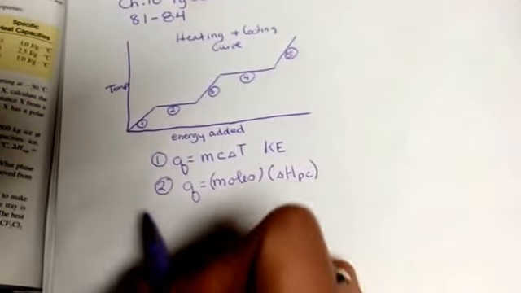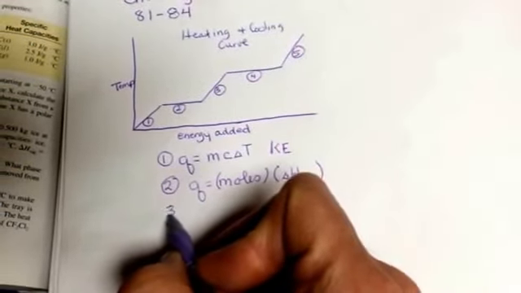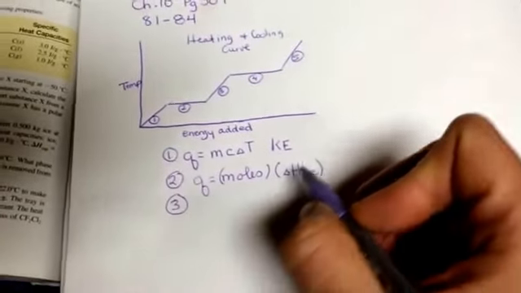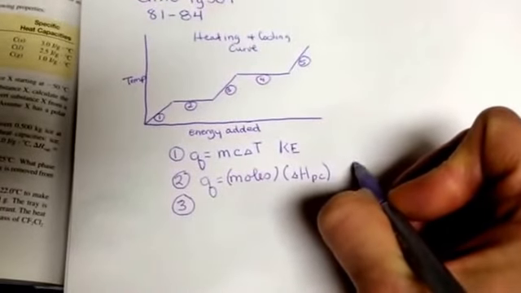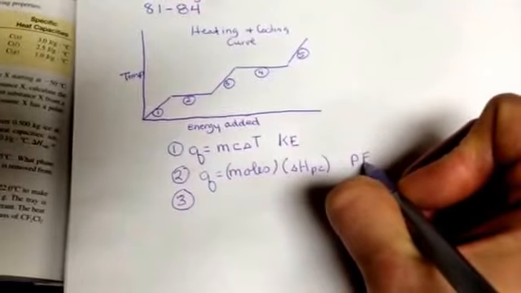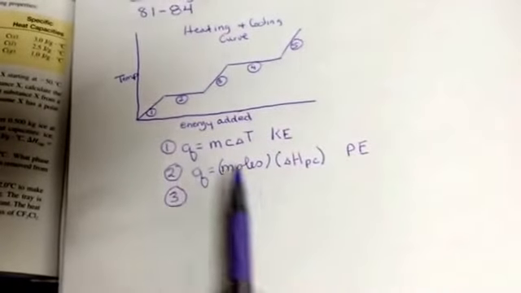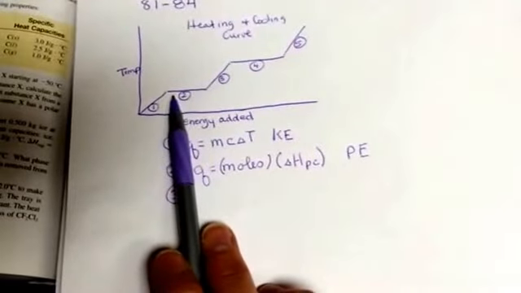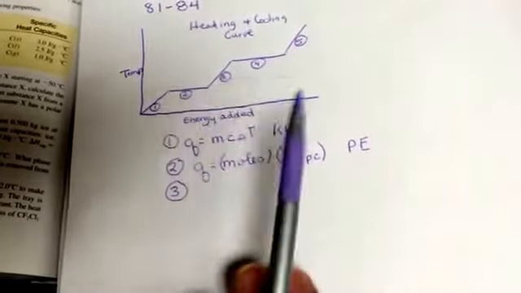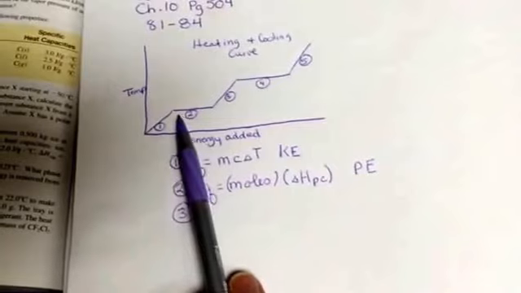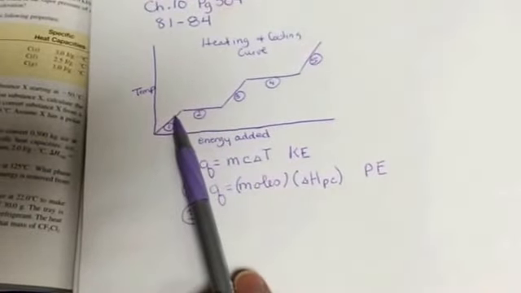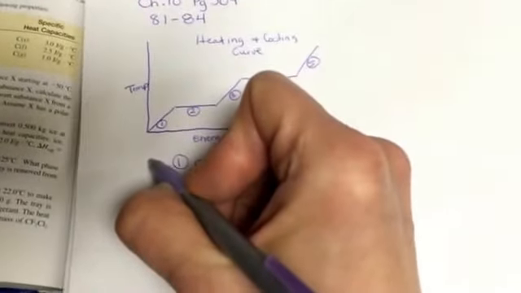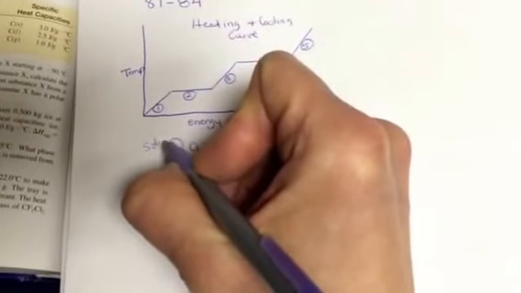So can anybody predict for me what equation we would use at 3? Oh, and by the way, this would be representing changes in potential energy, where the intermolecular forces would be weakening. So here in phase 1, we would have a solid.